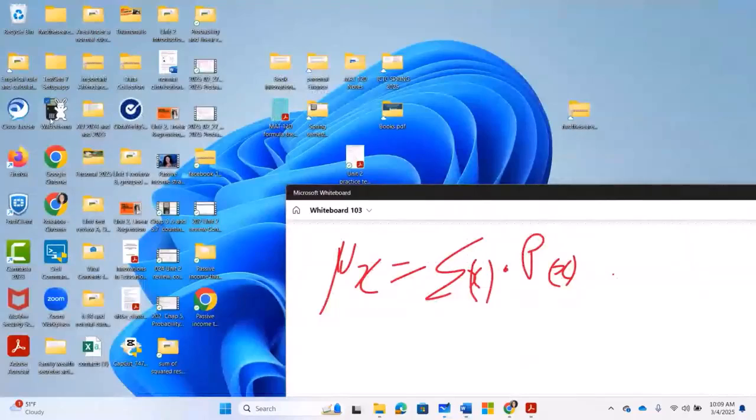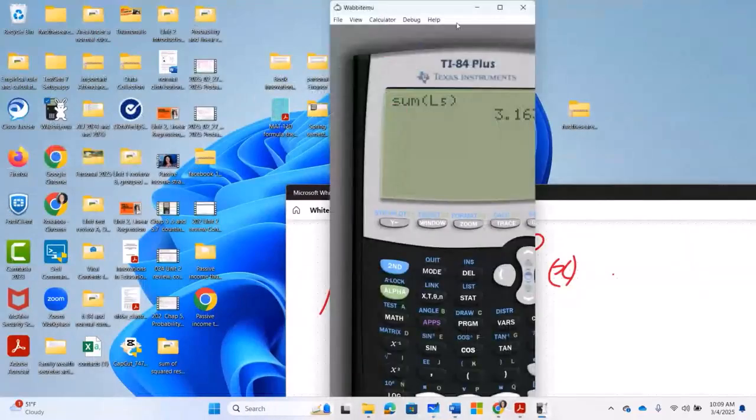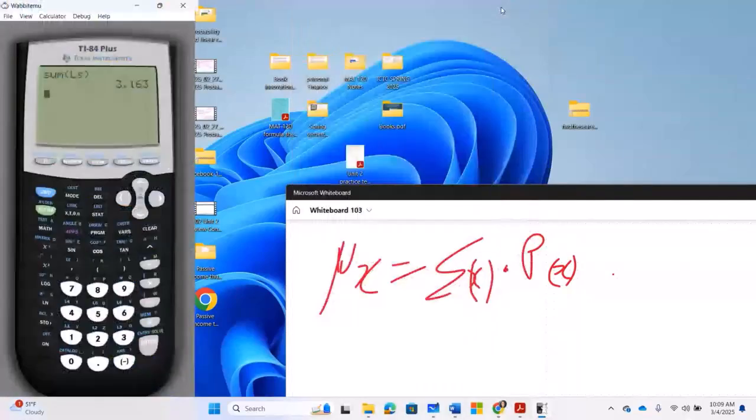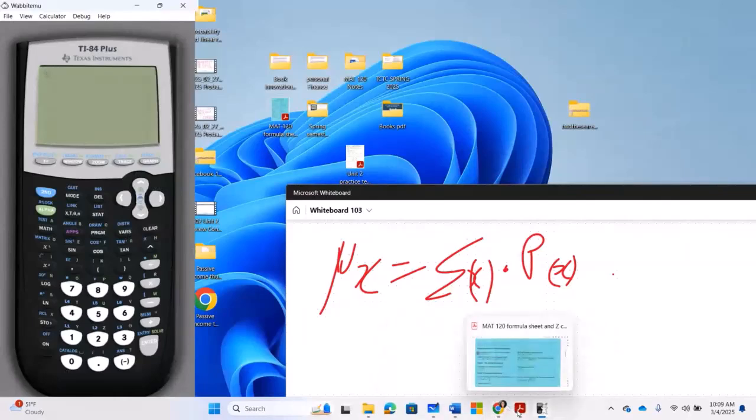I'm going to pull my calculator up so we can add all the probabilities and see if they are equal to 1.